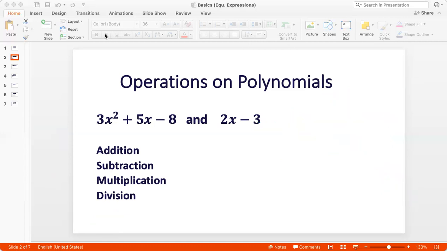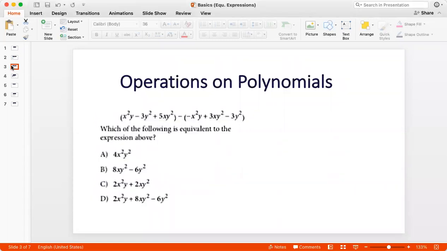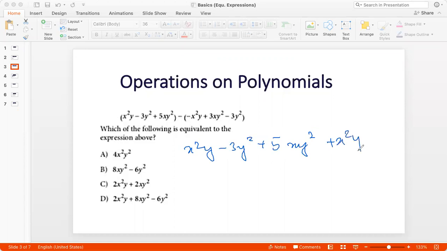Okay, so that's the first kind. So let's do a quick question on polynomial operations. So these are two polynomials, they are subtracted. So x squared y minus 3y squared plus 5xy squared, minus into minus plus x squared y, minus 3xy squared and plus 3y squared, right?